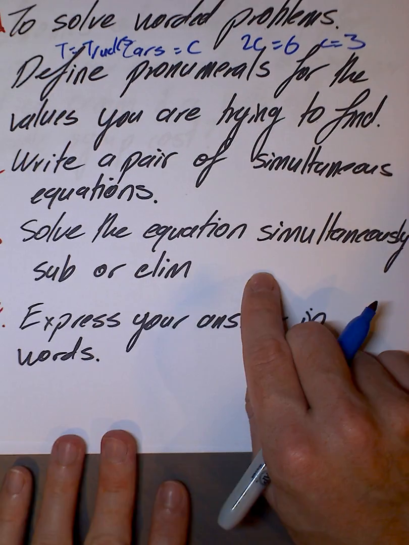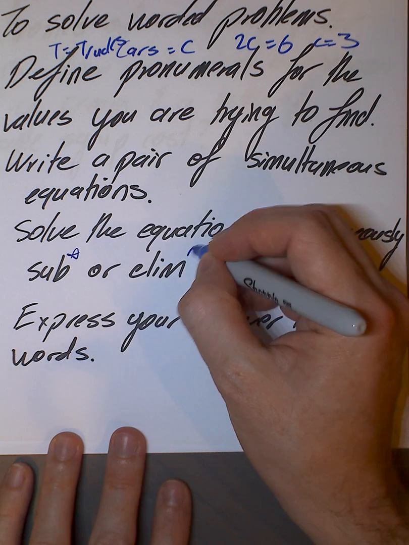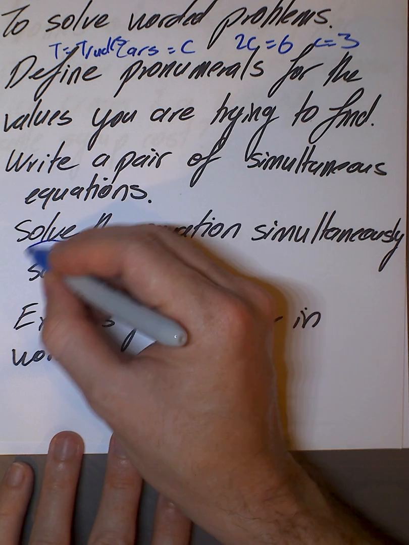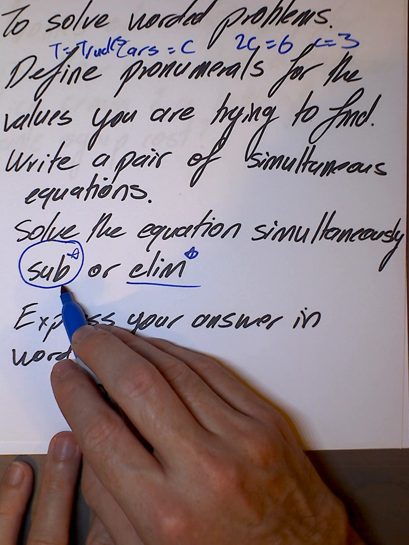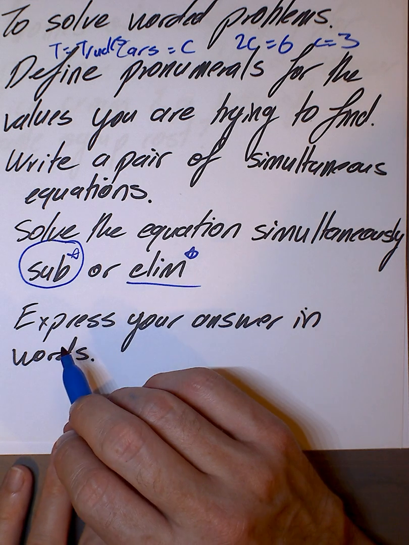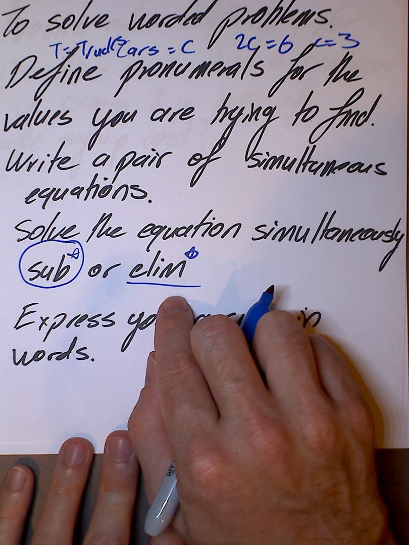This part you've done previously. You solve the simultaneous equations using substitution or elimination. I much prefer elimination, but because you guys are just starting out, you're typically more used to substitution. Think of this as roller skating compared to rollerblading. You always start off with something really easy and then work your way up.